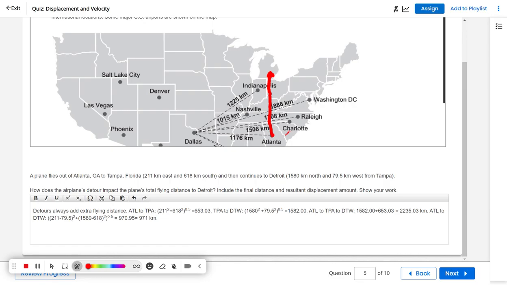With the total distance, we are going from Atlanta to Tampa, then from Tampa all the way to Detroit. That's just an approximation because I didn't zoom in correctly. So that was a process, but allow yourself to get comfortable with these processes and they will get easier.